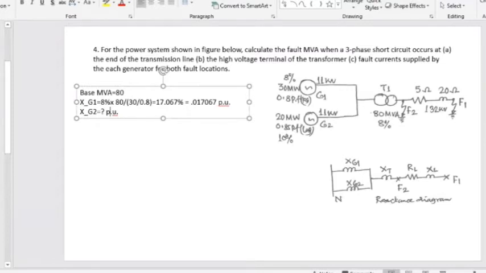Hello. Can anyone give me the answer? Anyone?